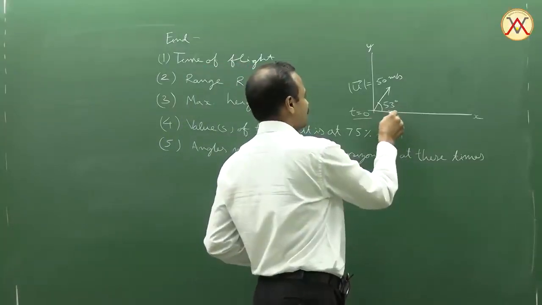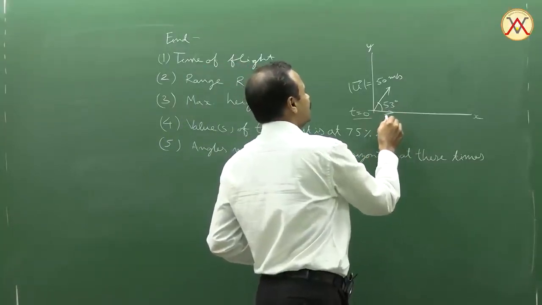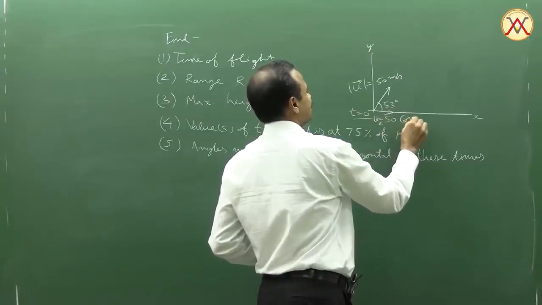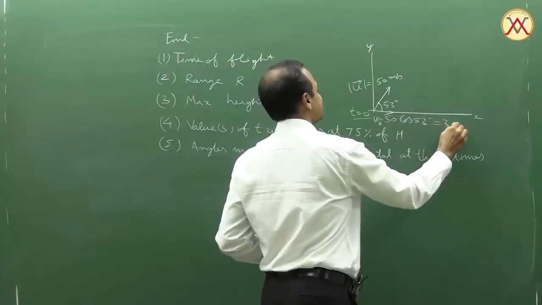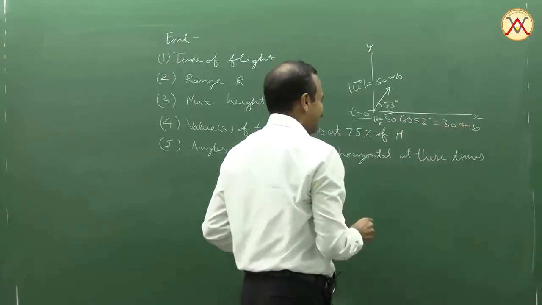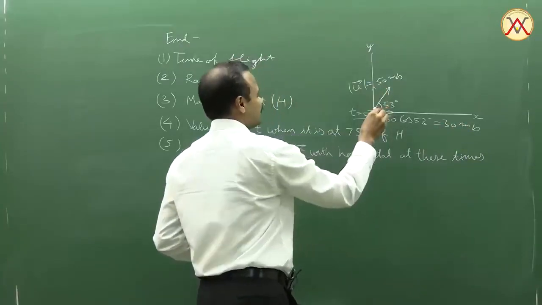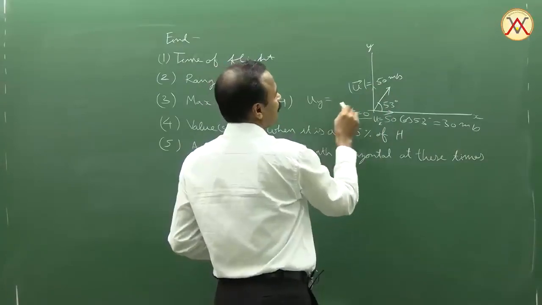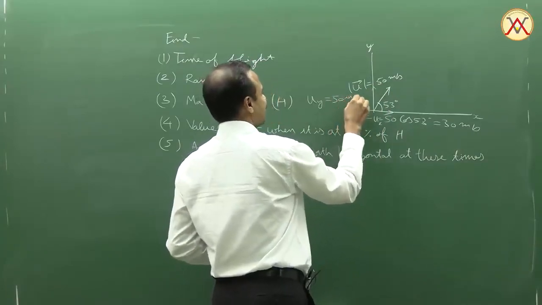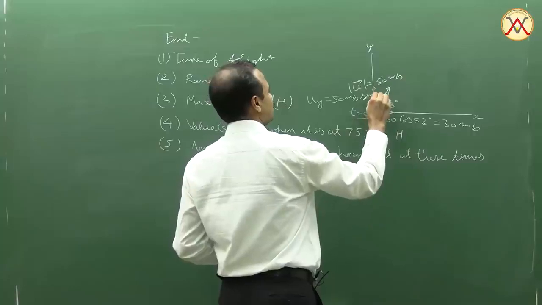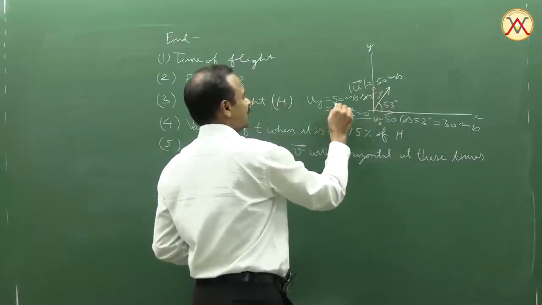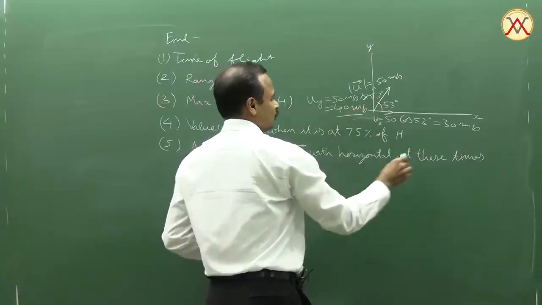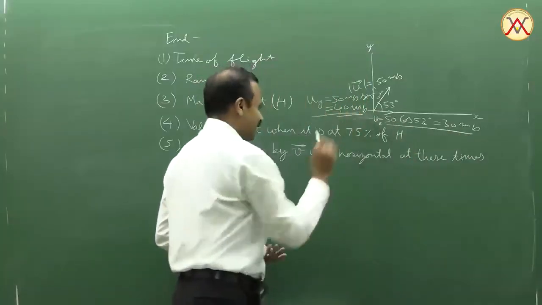The x component of velocity ux will be equal to 50 cos 53, which is 30 meter per second, and the y component of velocity uy will be 50 meter per second sine 53 degrees. So this becomes 40 meters per second. Alright, so we have ux and uy.